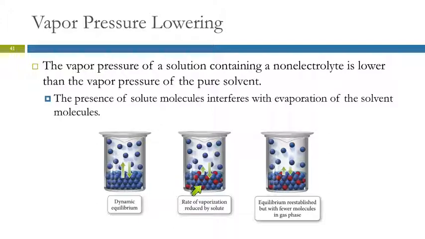So when you put a solute in here, it slows down the rate of evaporation. The rate of condensation depends only on how many particles are up here, so it is eventually going to slow down because the rate of evaporation is slower and we've got fewer particles up there. So fewer particles up here means lower vapor pressure. Does that make sense?